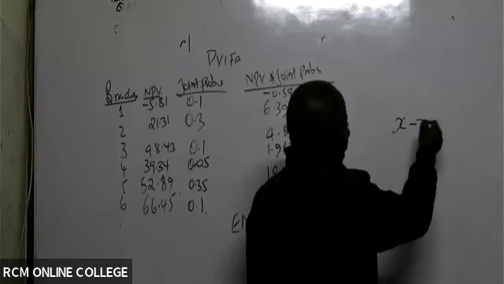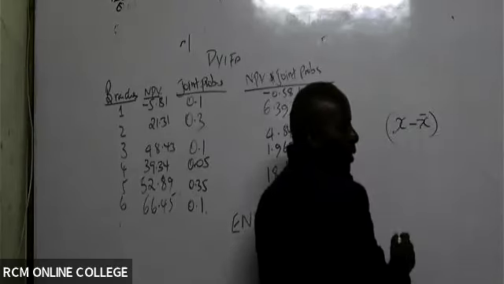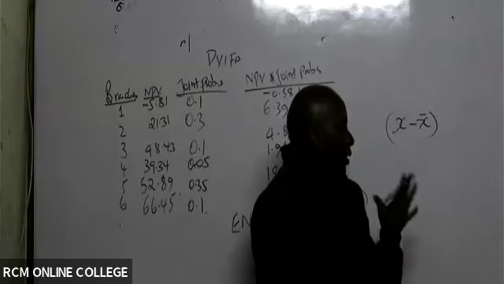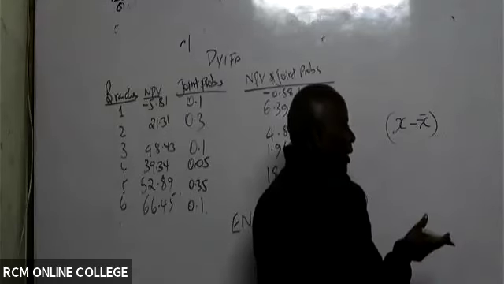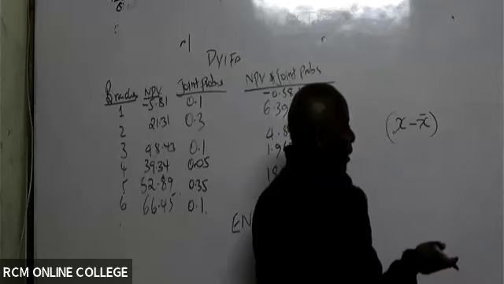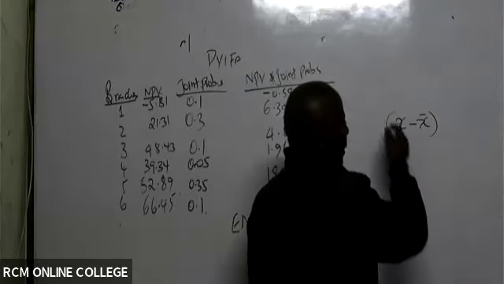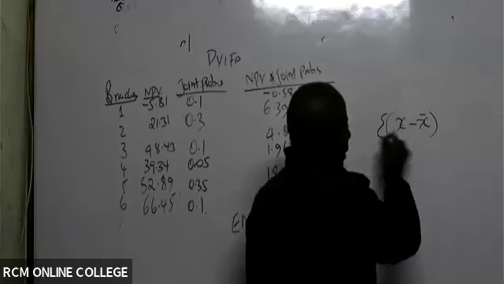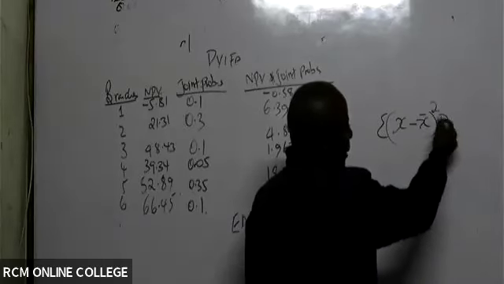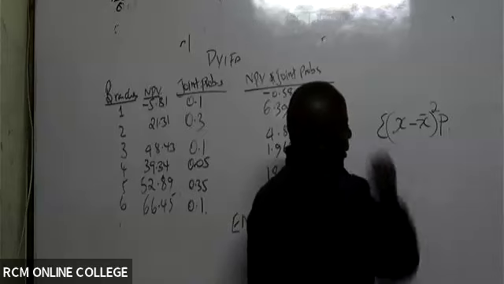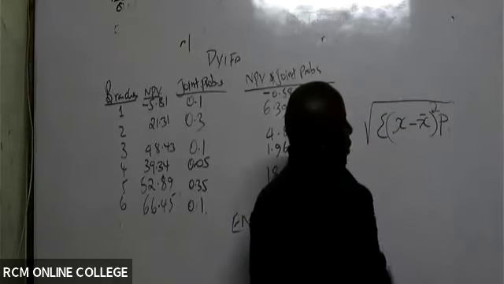It is x minus x, isn't it? We take the deviation of the x values from the mean, so it is x minus x bar. In this case, this has to be in terms of the sum of squares times probability. And then you get the square root.